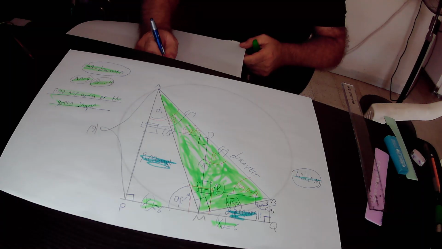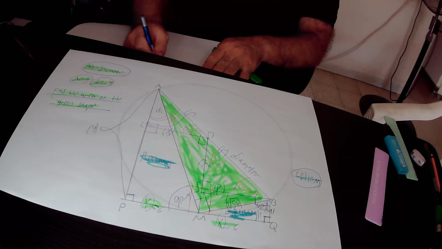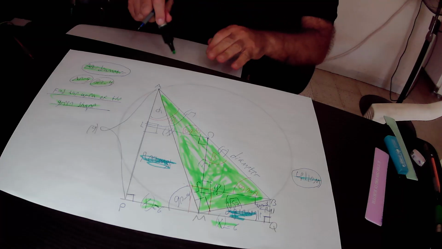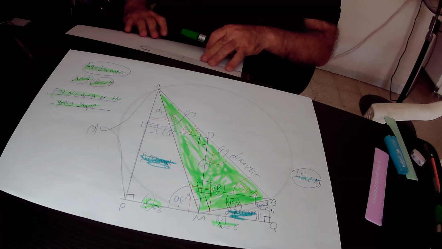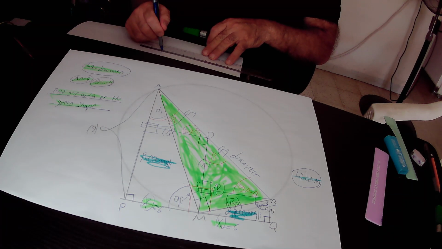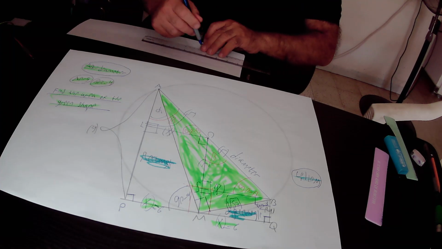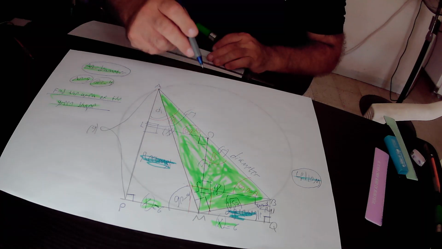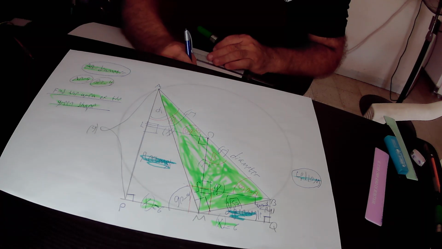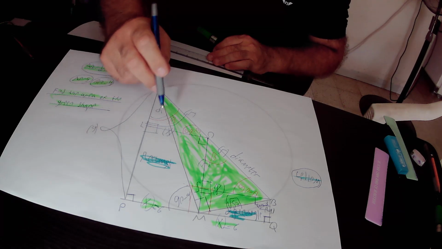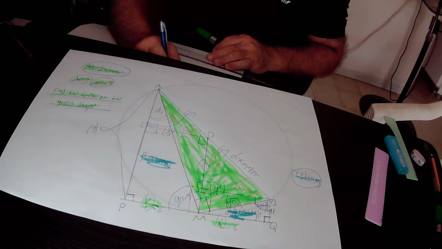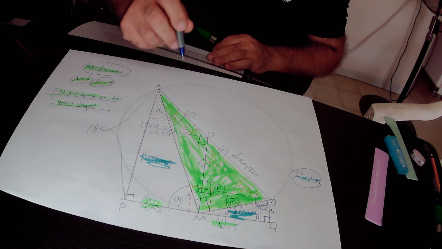In the big right triangle APM, according to the Pythagorean theorem, AM squared, that is the square of the hypotenuse, equals AP squared plus PM squared.